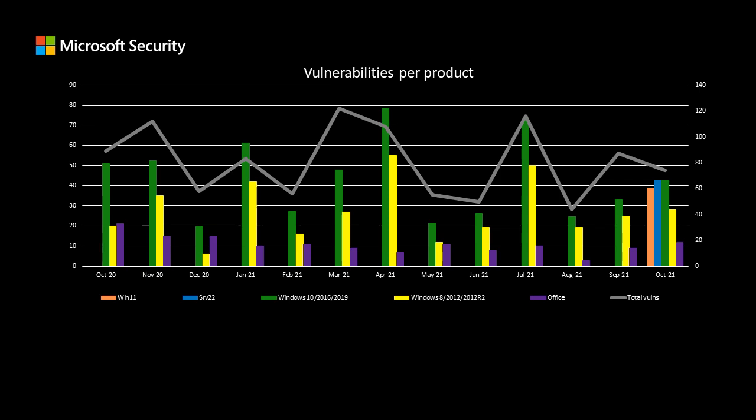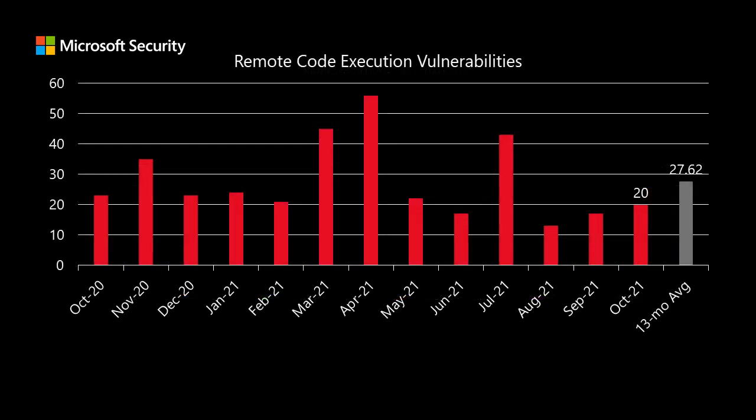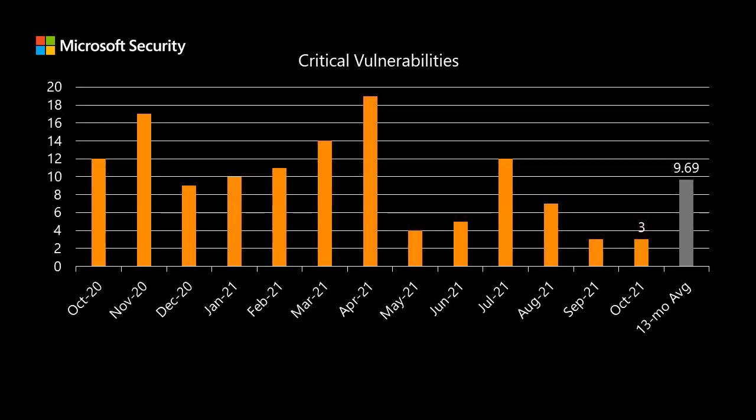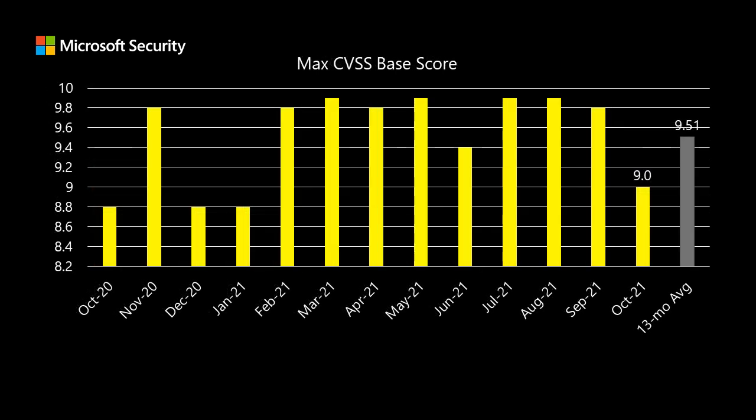This month, October 2021, we have a total of 74 vulnerabilities being addressed across all the products. Of those, 20 are remote code execution vulnerabilities, and another 3 are critical vulnerabilities. We typically score these between 1 and 10 on the CVSS scale, with 10 being the worst.